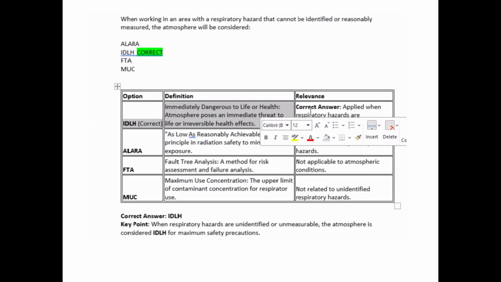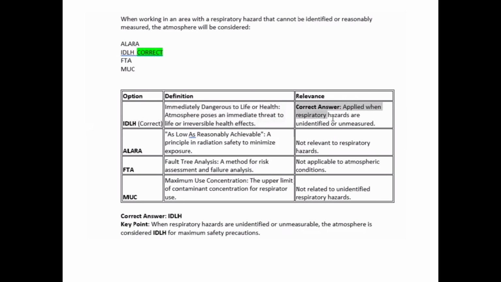You decide IDLH when you know the atmosphere is hazardous, like if H2S gas is present in a very large quantity, above 1000 ppm, definitely that is IDLH. But if you don't know what gas is present, then also you consider it IDLH. It applies when respiratory hazards are unidentified or unmeasured. Very, very important.